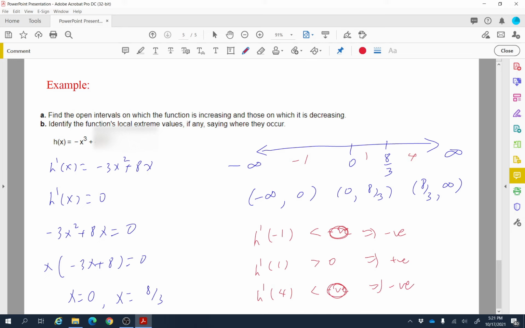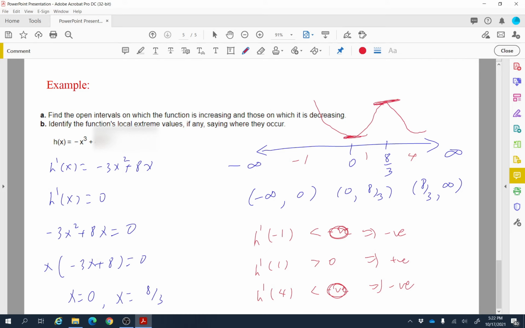So now what happens here is, because the derivative is negative, the function is decreasing. And at 0, the derivative is 0, and then after that, because the derivative is positive on this interval, the function is increasing. And from that point, the function is again decreasing. So this is the type of graph you are going to see.